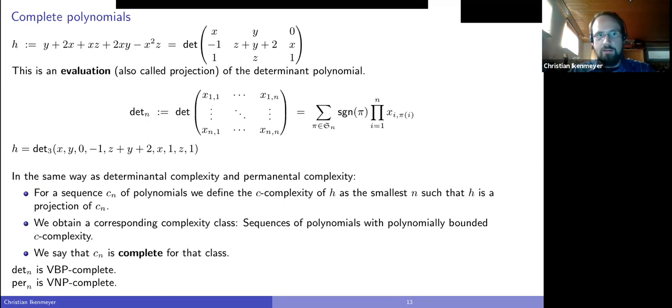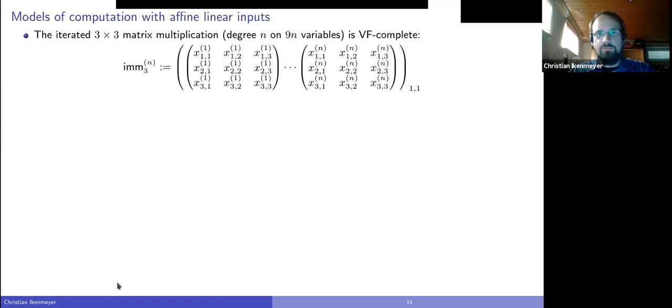on the next slide. For example, we need something that's complete for VF, and indeed we can get something that's VF complete. It's the 3×3 iterated matrix multiplication polynomial. It's a homogeneous polynomial of degree n in 9 times n variables. So you take 3×3 matrices with variables in them, so new variables, 9 times n many.